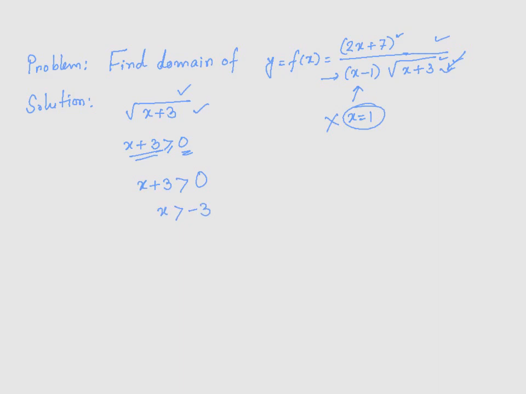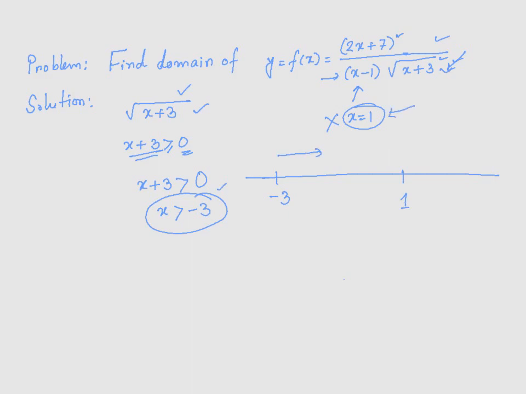So now I have two conditions here. One says that x has to be greater than negative 3, the other says that x cannot be equal to 1. If I put it all together on a number line, it will be easier to see. This is negative 3 and let's say this is my 1. This condition says that x is greater than negative 3. That means everything to the right of this point.